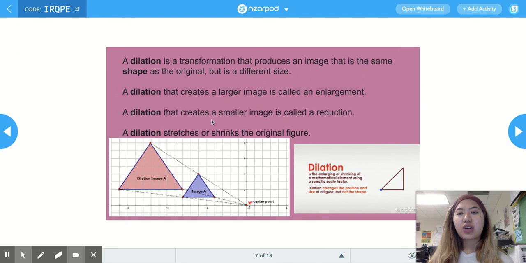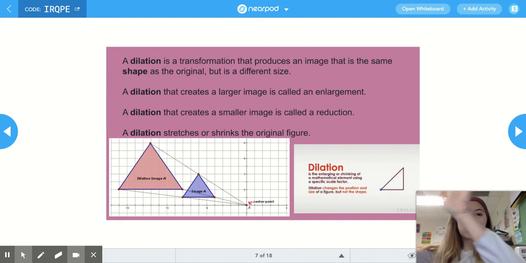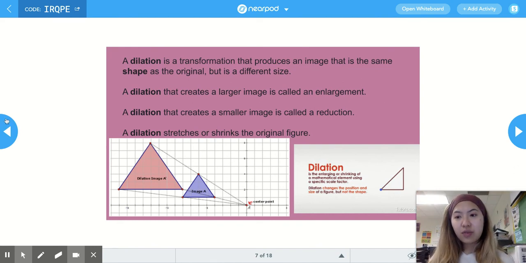A dilation that creates a smaller image is called a reduction. A dilation stretches or shrinks the original figure. And sometimes when the shape is dilated from the origin, it looks like it's been shifted over instead of one shape being inside the other shape.